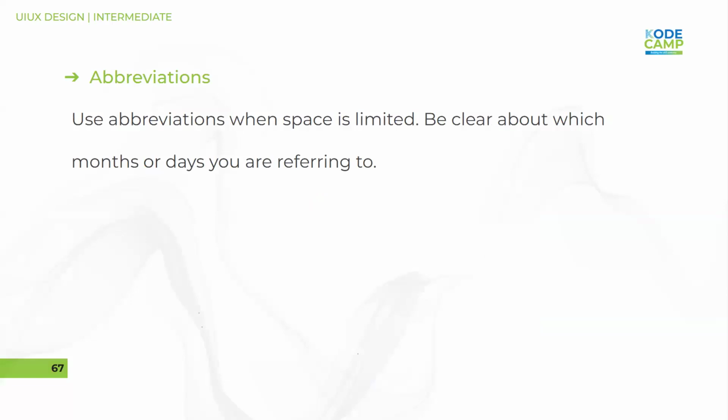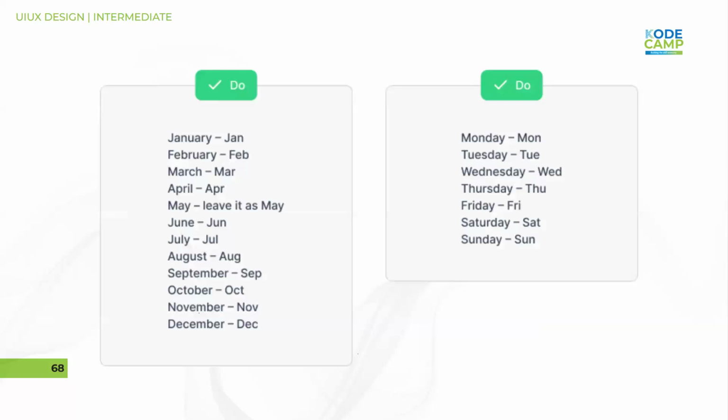So use abbreviations when space is limited. Be clear about which month or day you are referring to. So we have January, you can use Jan, February, Feb, March, April, May. Well, May, there's no way you can shorten it again, so just leave it as May. It is shortened already. June, July, August, and the rest of them.